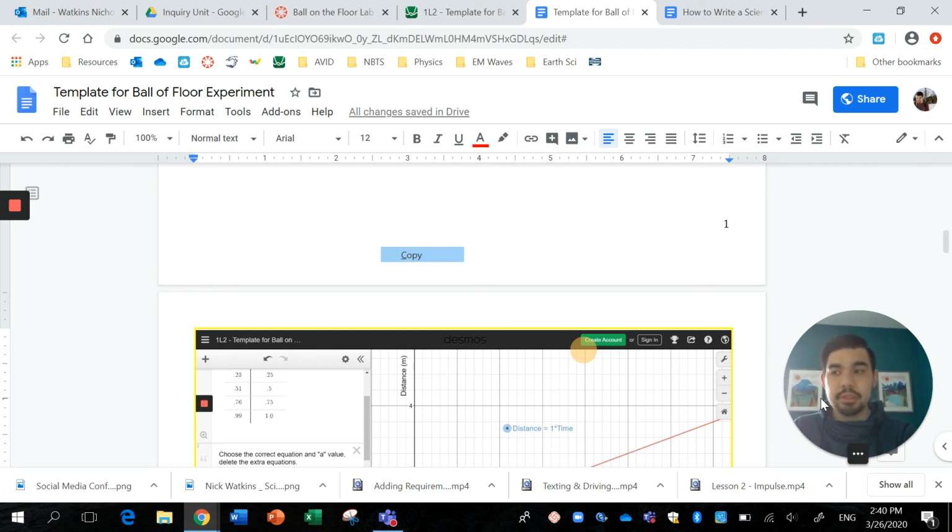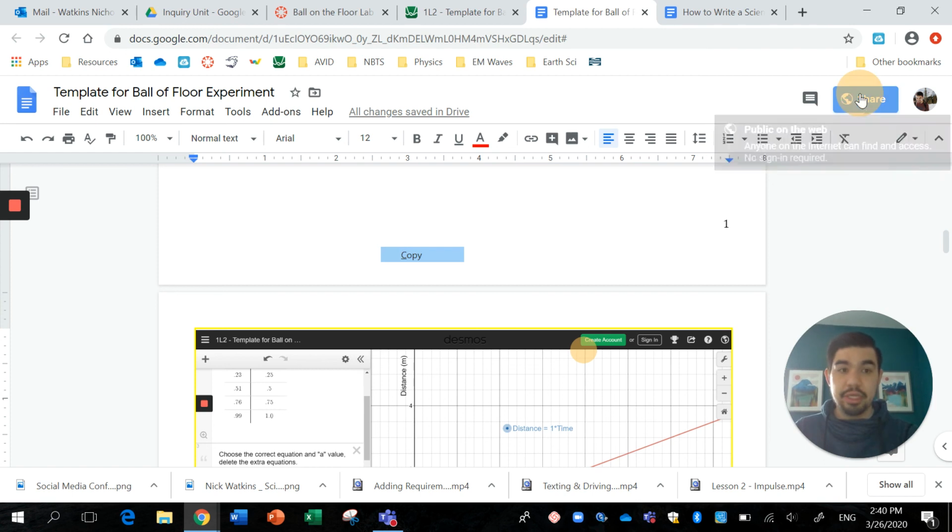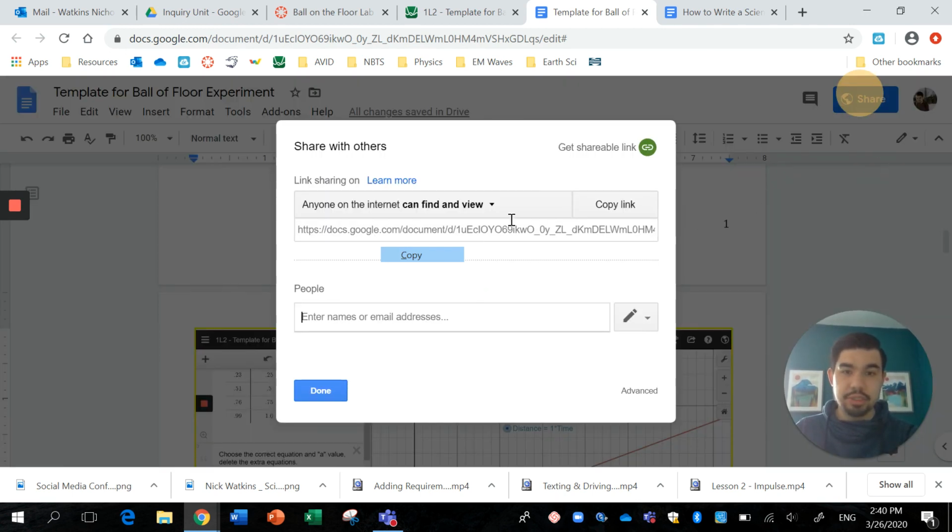A couple other things. If you do this as a Google Doc, in this top right corner here, you want to make sure that you click share so that I can actually have access to it when you submit your link. You just click on the share button. As soon as you click share, it will automatically pop up as anyone with the link can find, and that's all I need.